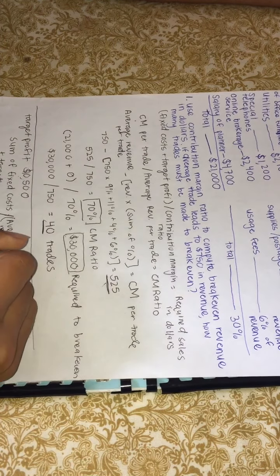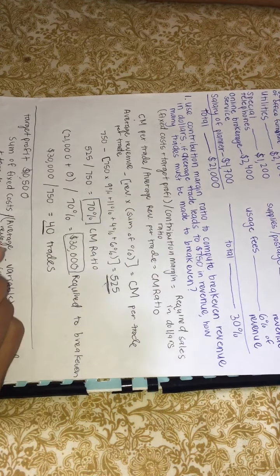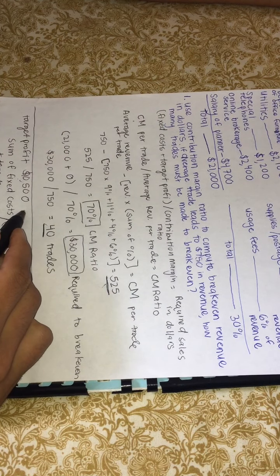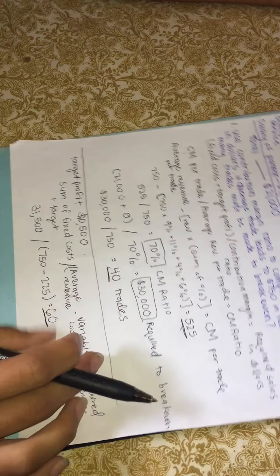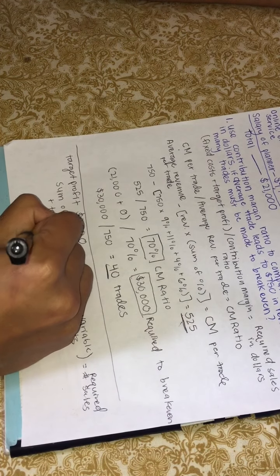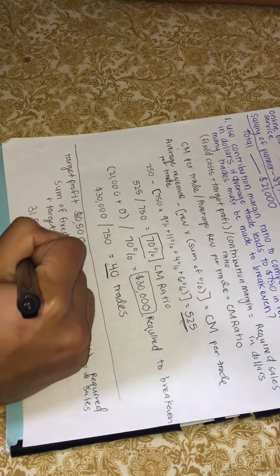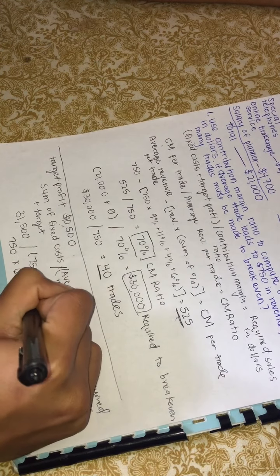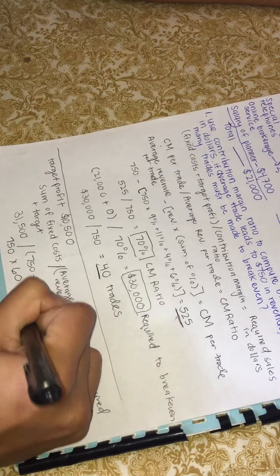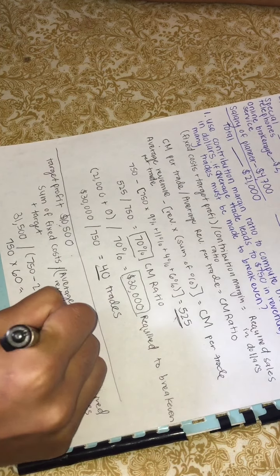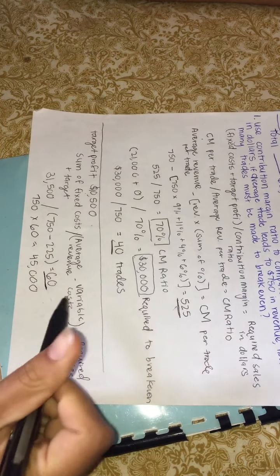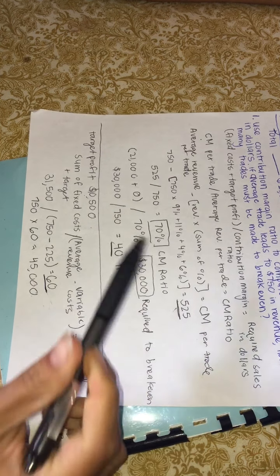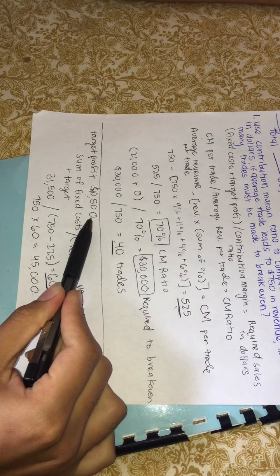And the answer to this would be 60. So you would need to sell 60 units in order to make that profit of $10,500. And to get a number, it would be $750 per unit times the 60 units, which would make you $45,000. So you would need to earn $45,000 in order to make the $10,500 profit.